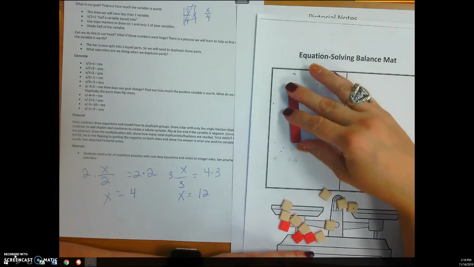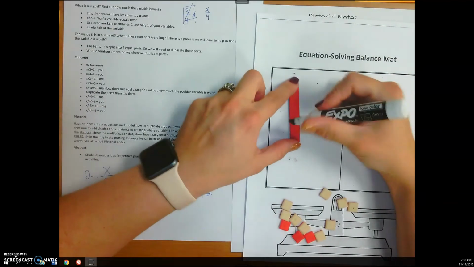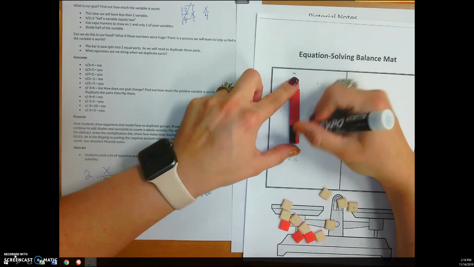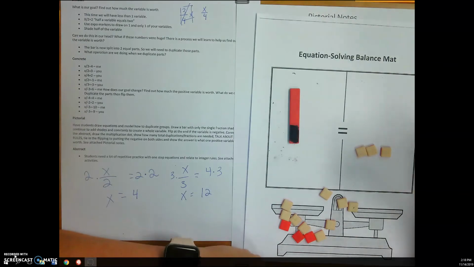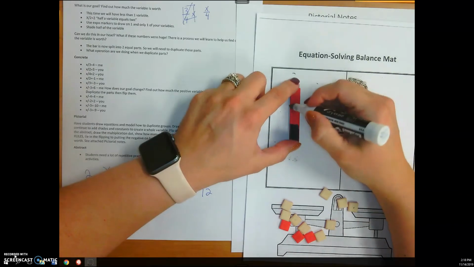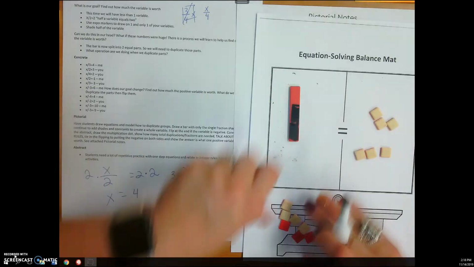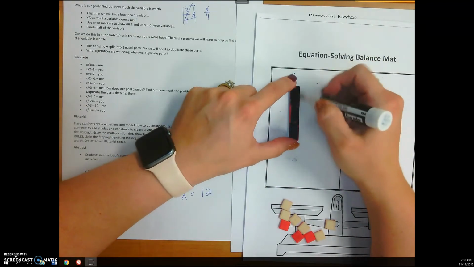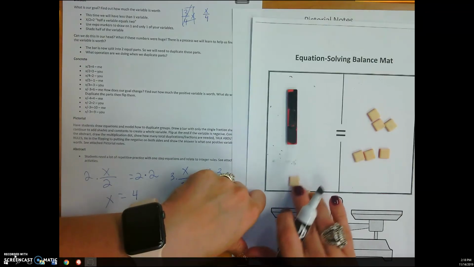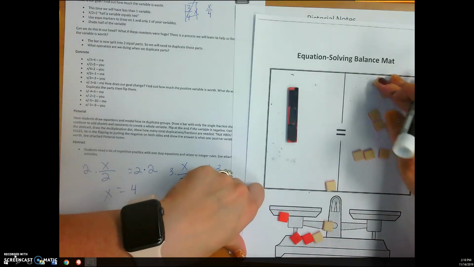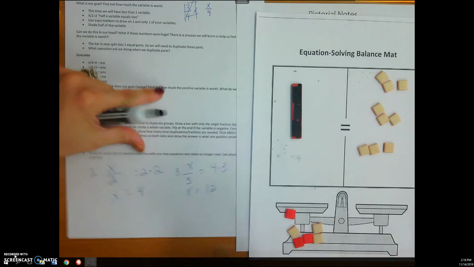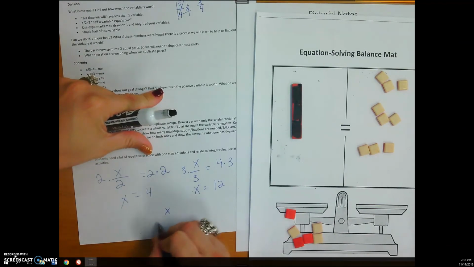A third of our negative variable is a positive 3. Another third of our negative variable is going to be another positive 3. And then another third of our negative variable is lastly a positive 3.